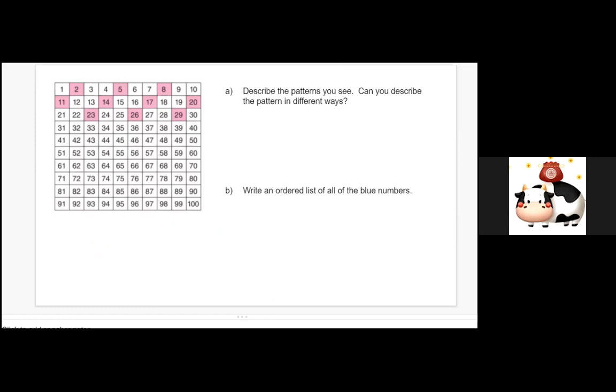So let's describe this pattern. Remember what I told you guys? When you're describing a pattern, tell the reader where you're starting from. So let's start at 3. Oh, I like that I choose pink because it's a pink box. Start at 3 and, what were you saying again? Oh, sorry guys, that's not good. We don't start at 3. 2.